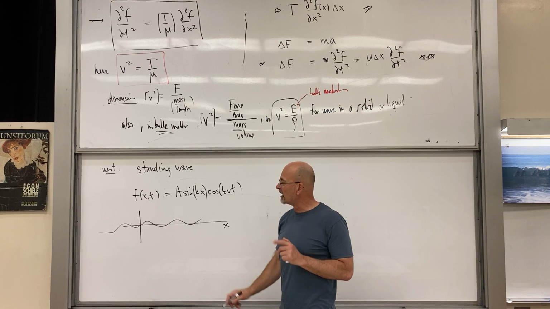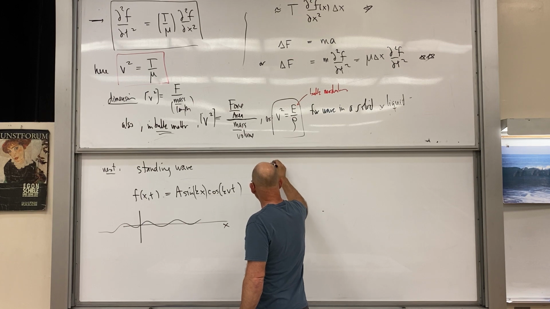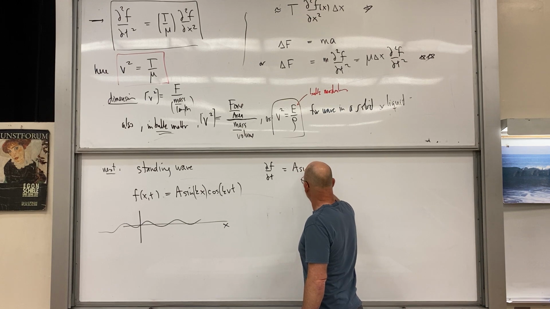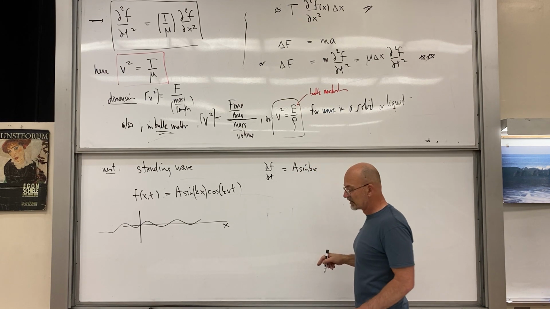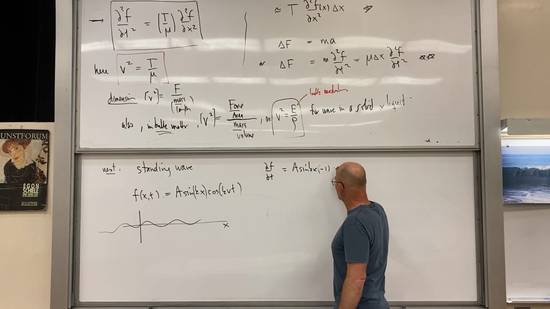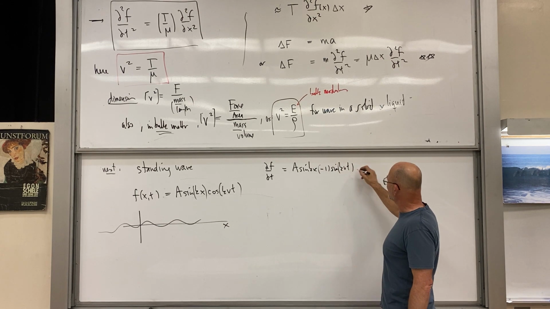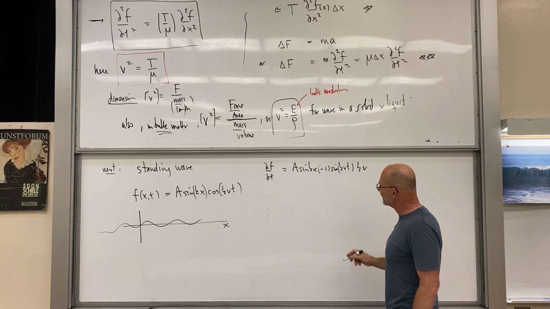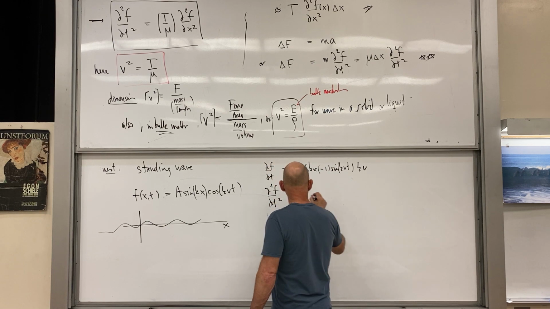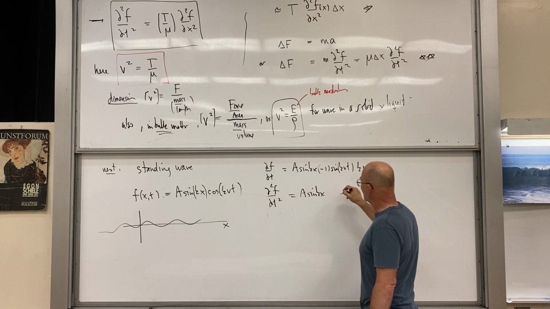So let's go ahead and look at the wave equation. So let's take some derivatives. df dt is going to be a sine of kx, and then we'll get a -1 sine of kvt, and the inner derivative will be k times v. Do a second time here, d squared f dt squared, a sine of kx.